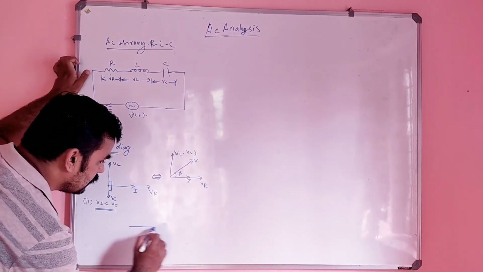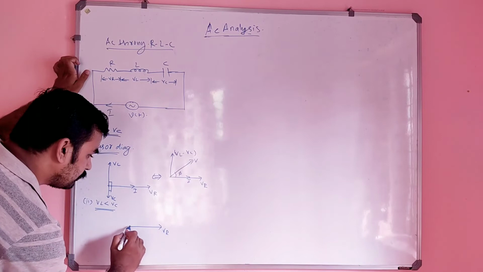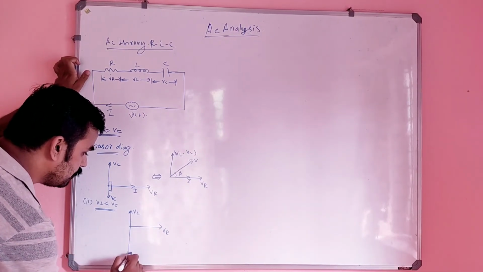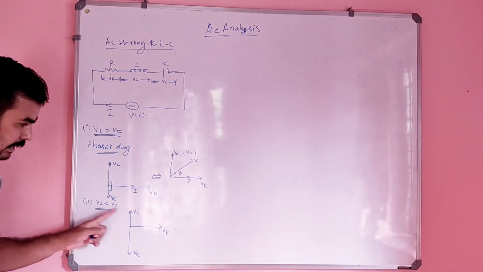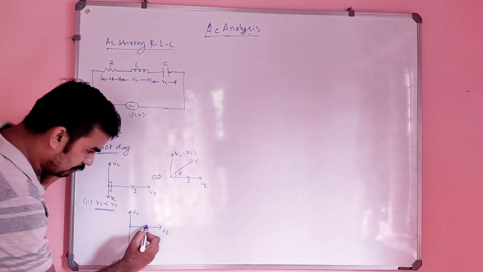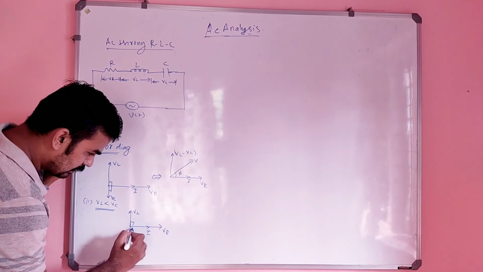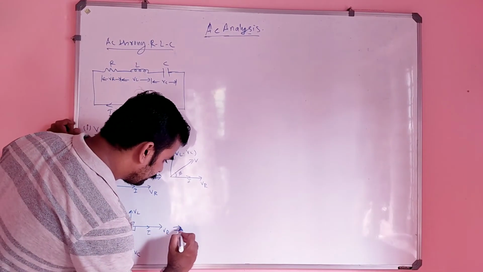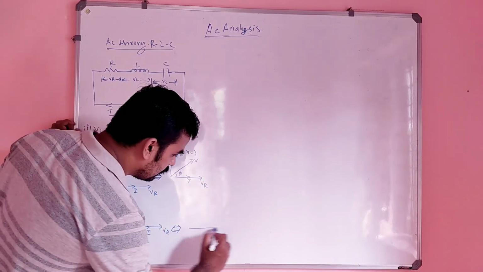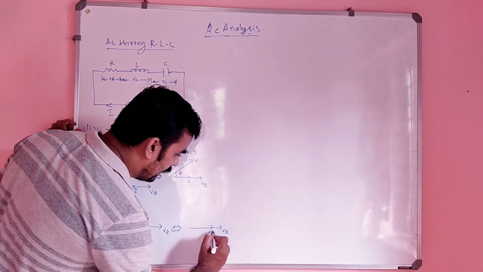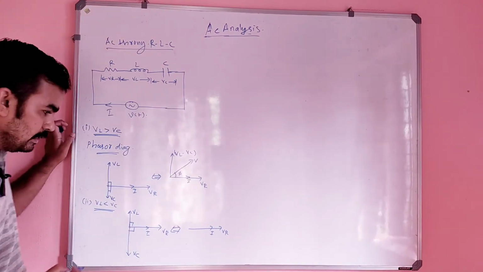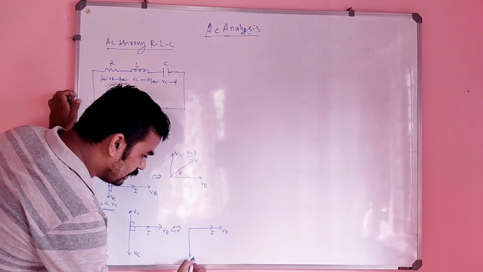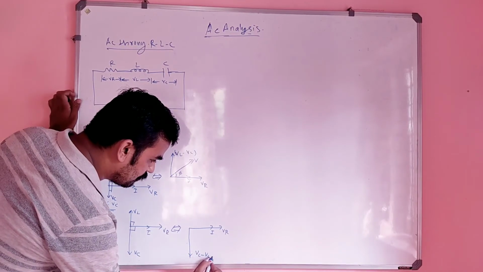I can say like this: this is my VR, suppose this is VL, and this will be VC now, because VC is greater than VL, and this is I. This can be again simplified like this: this is VR and this is of course I. This can be taken to the side, which is nothing but VC minus VL.